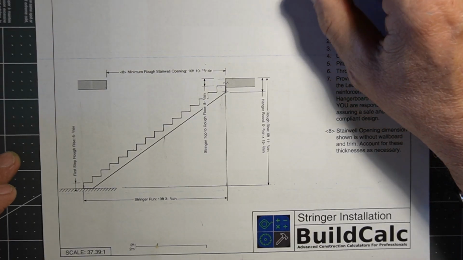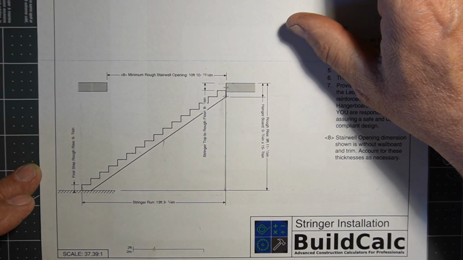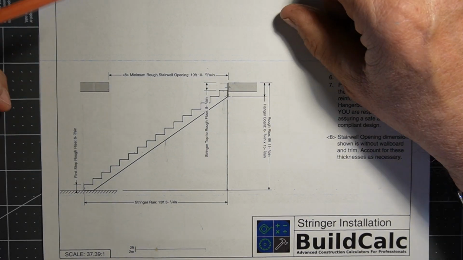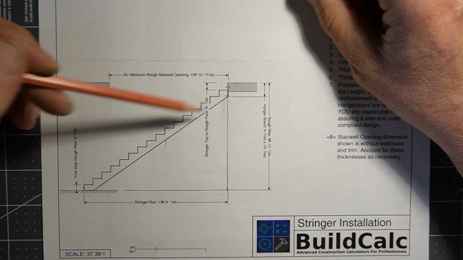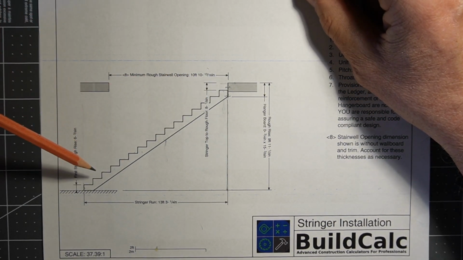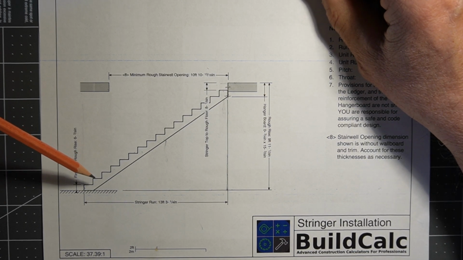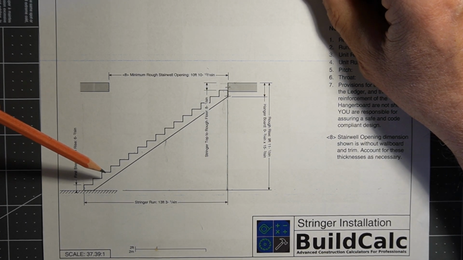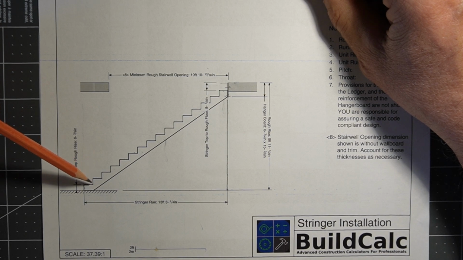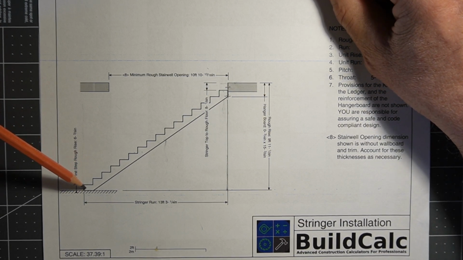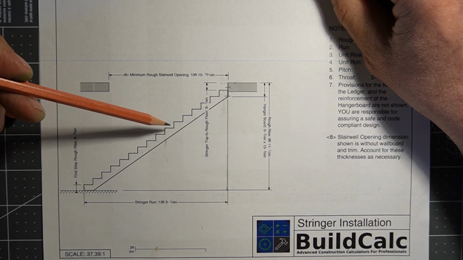So back to the question, what if I don't have that much room? Well, this might be a little bit over and above. We didn't have to do any of this because we were going to make this work one way or the other. I get kind of finicky when it comes to building steps. But one of the things that you can do is that you can introduce a turn.